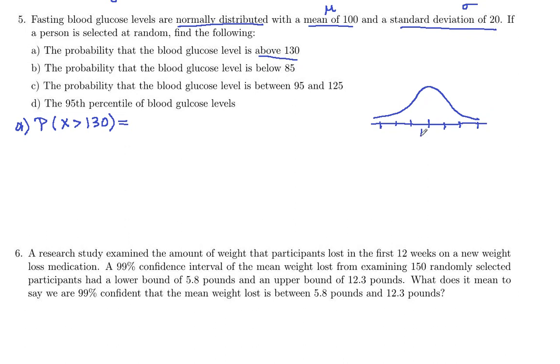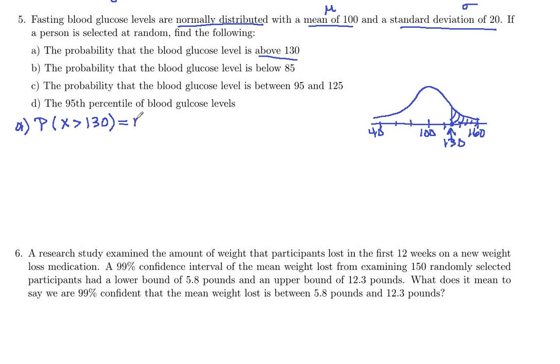The mean 100 in the middle, and this will be 120, 140, 160. And this will be 80, 60, 40. So we want to know greater than 130. So 130 would be right here. Greater than is going to be to the right.